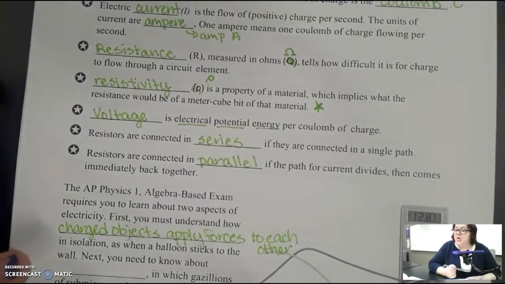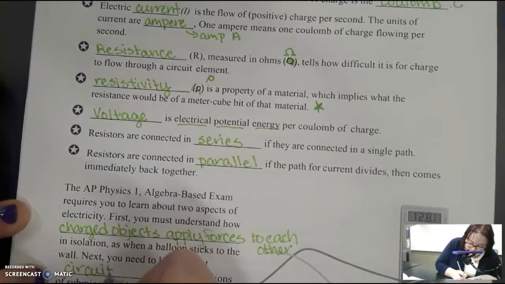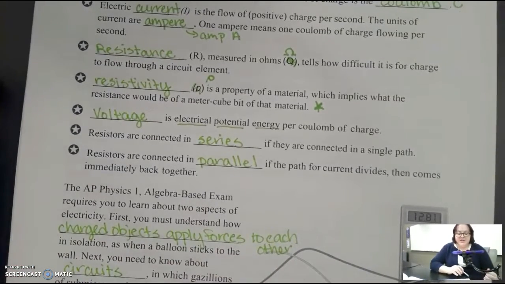Then you need to know about circuits, in which gazillions of submicroscopic flowing charges produce effects that can be measured and observed.